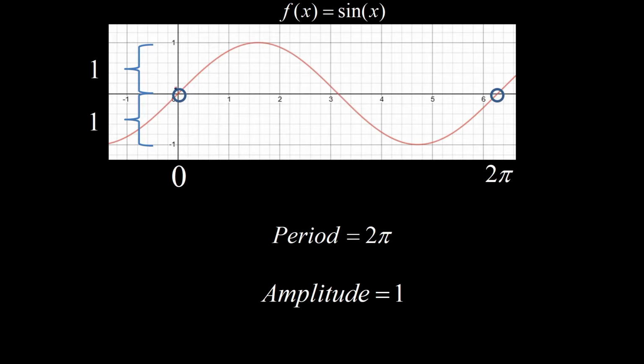And if we look at that, the amplitude for what I have graphed here is 1. You can see the maximum goes up to 1, and the minimum goes down 1. And this is always true for sine and cosine. The min and the max will always have the same distance, and we call that the amplitude.